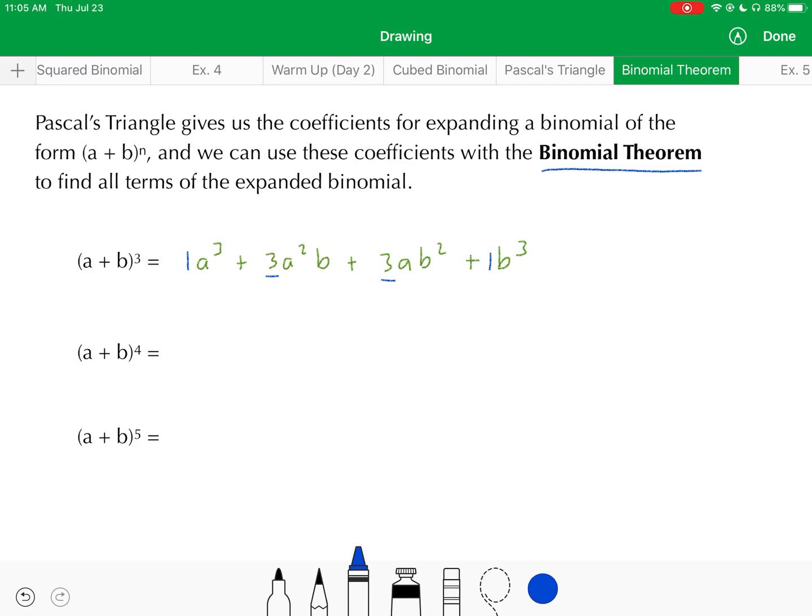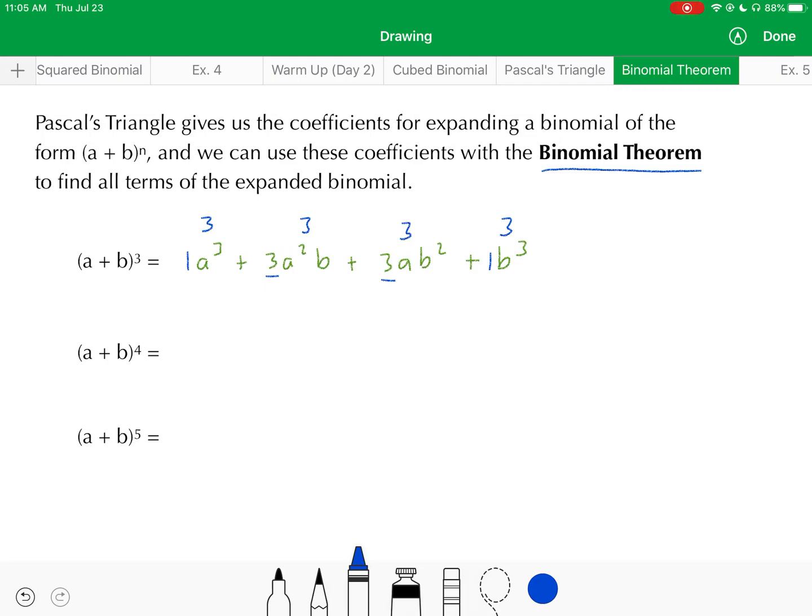In your first term, there is no power of b. In the second term, it's b to the first, then b to the second, and then b to the third. So your powers on b are increasing from term to term. The other thing to notice is that if you look at the degree of each individual term, they all have a degree of 3. This has a degree of 3, this has a degree of 3, same here.